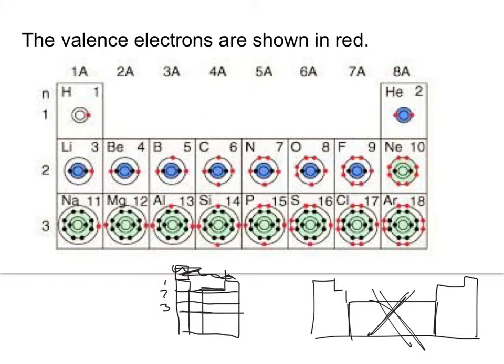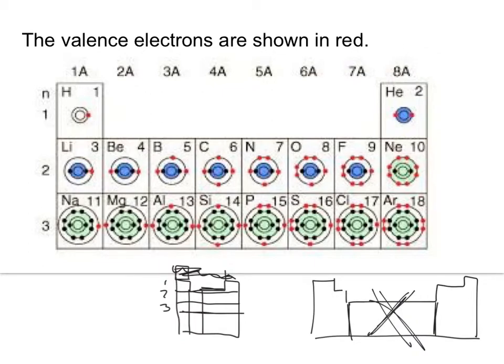So what I want you to notice in this picture is that in row 1, both hydrogen and helium only have 1 shell of electrons. Their valence shell is their one and only shell. So this one has 1 and this one has 2. Then in the second row, all of these have 2 shells, 1 where the black ones are, and then 2 where the valence electrons are.